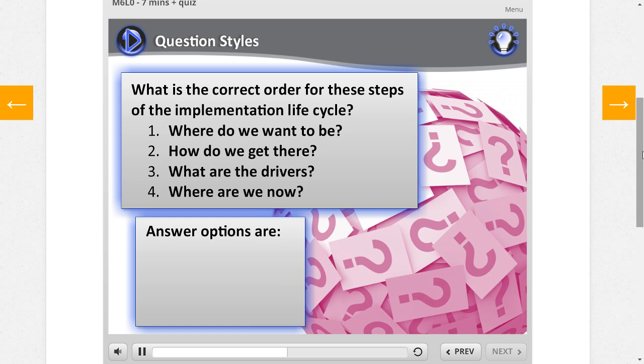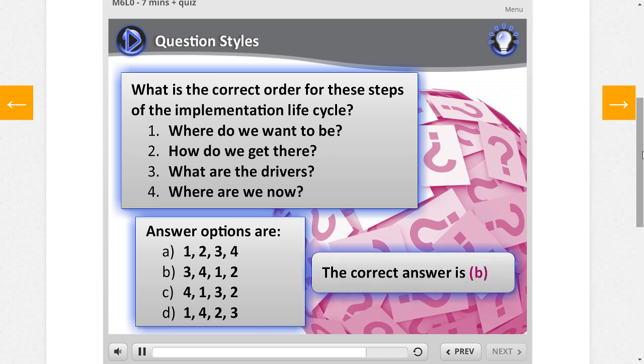Answer options are A. 1, 2, 3, 4. B. 3, 4, 1, 2. C. 4, 1, 3, 2. D. 1, 4, 2, 3. The correct answer is B. What are the drivers? Where are we now? Where do we want to be? How do we get there?